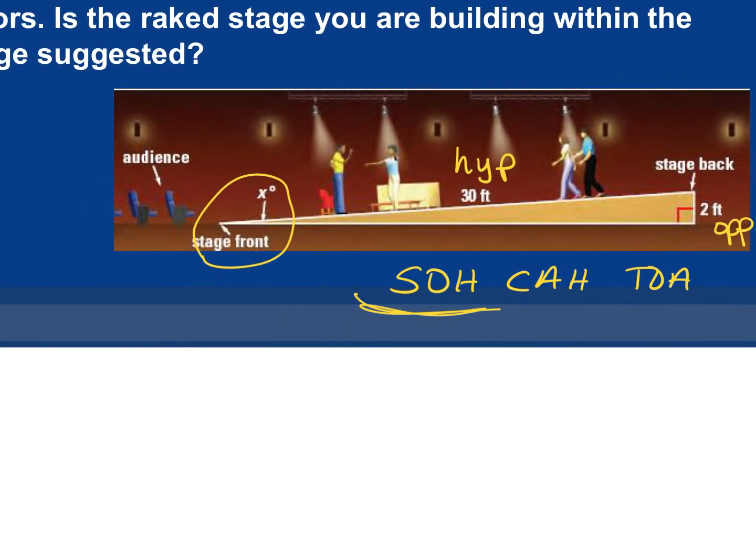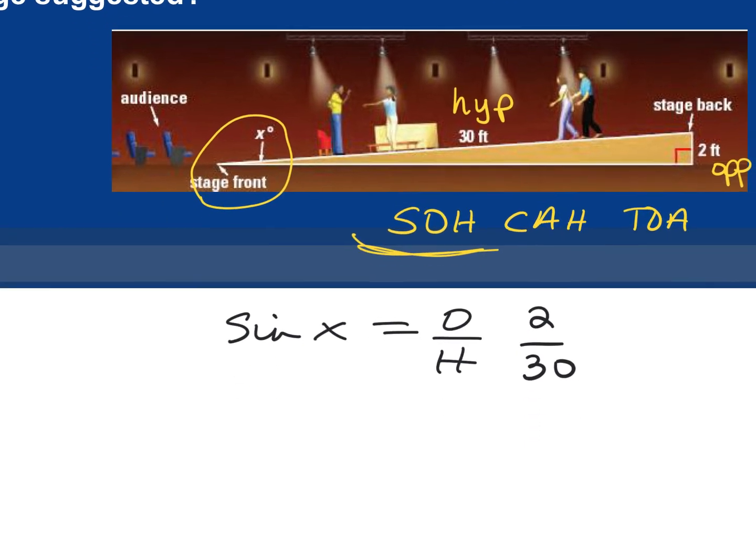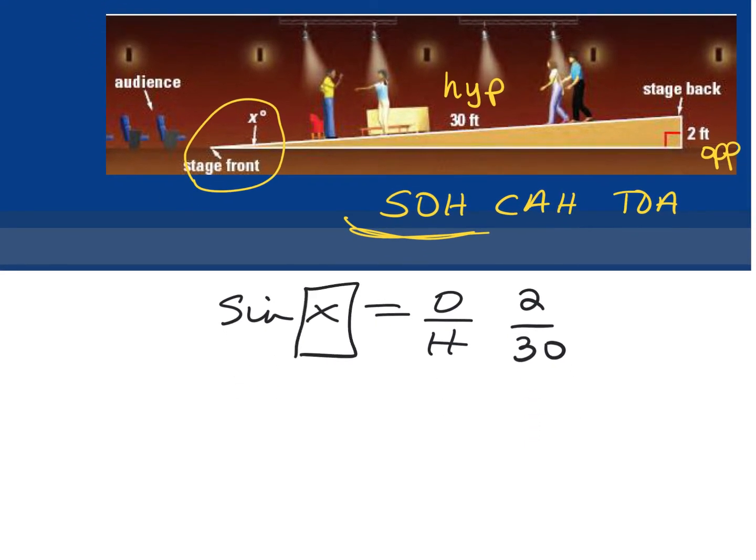So what we're going to be doing is finding the sine of X, and we're going to be filling in opposite and hypotenuse. So the opposite is 2, the hypotenuse is 30. So when I look for an angle measure, I'm using the inverse here. So inverse sine, 2 over 30.